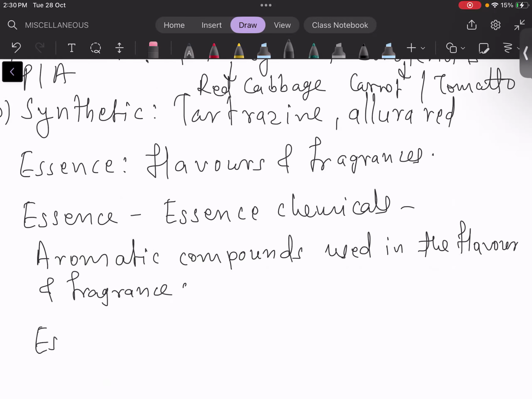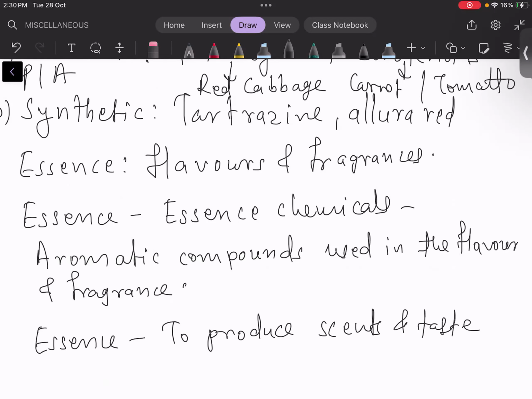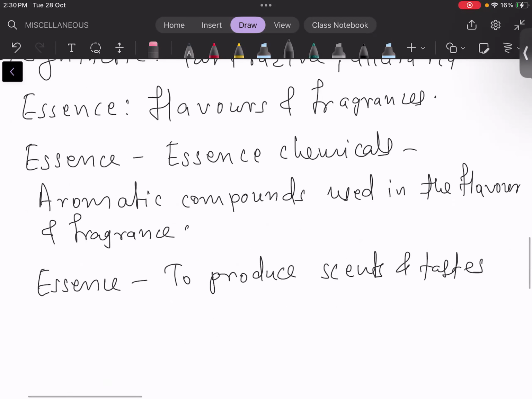So essence is used to produce scents and taste in the products.